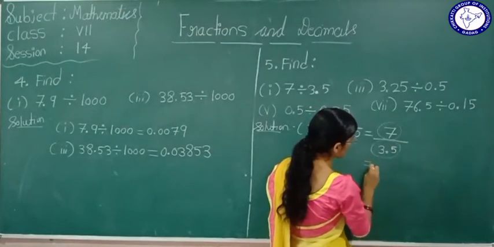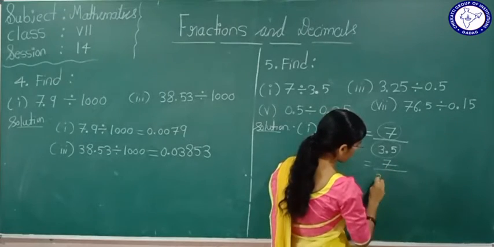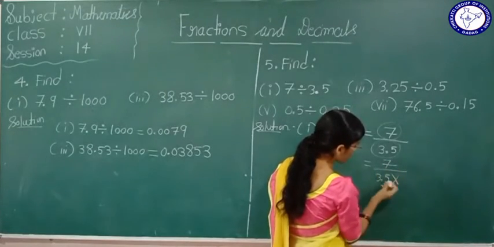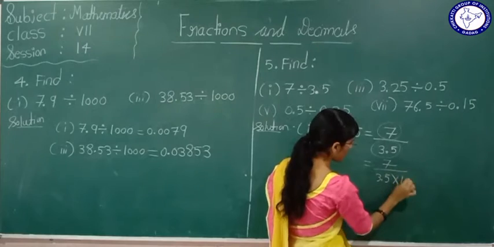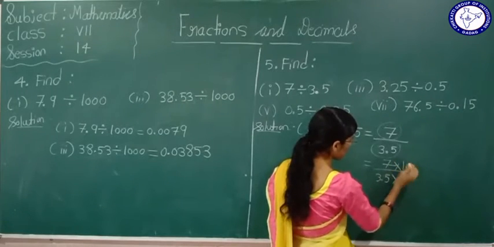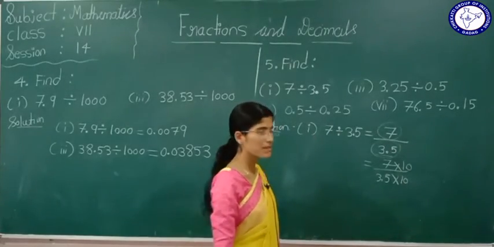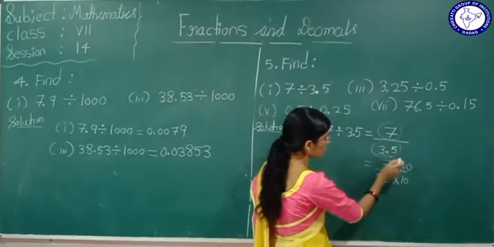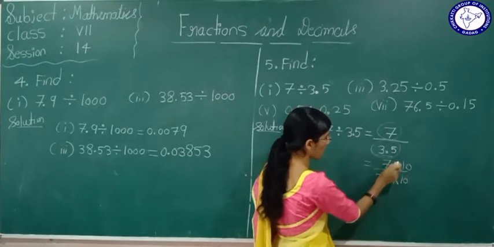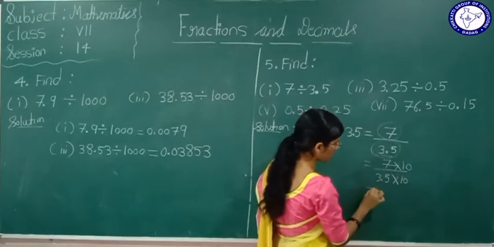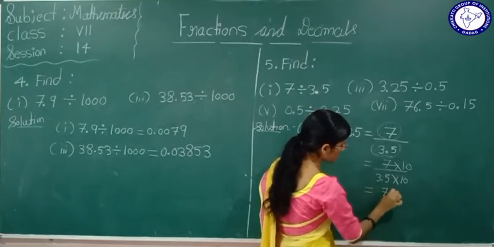To make it a whole number, see here. So this is 7 divided by 3.5, no? To make this divisor a whole number, I will multiply both the numerator and the denominator by 10. 7 tens are 70.